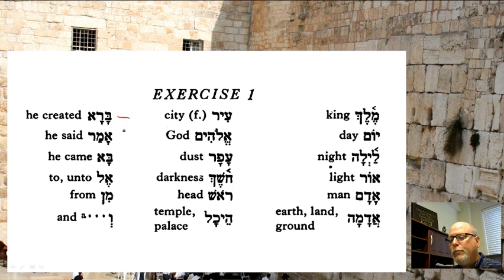Bara, amar, ba, el, min, va, ir, Elohim, afar, choshek, rosh, hekal, melek, yom, layla, or, adam, adama.